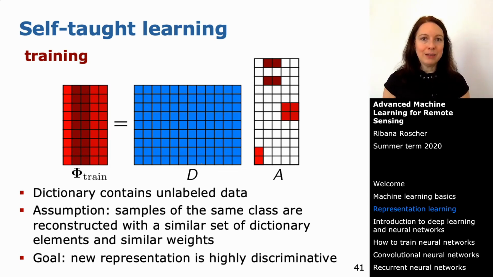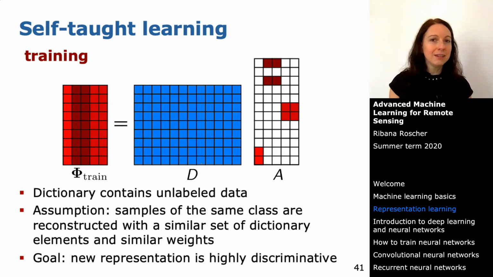What you do now is you do not learn a dictionary, you fill your dictionary with unlabeled data. And normally you have a lot of them. So you can choose by clustering or just by selecting a whole variety of the unlabeled data you have. And the good thing is you don't need to know any labels, so you can just fill it and use this additional information from the unlabeled data to solve your classification task in a better way.